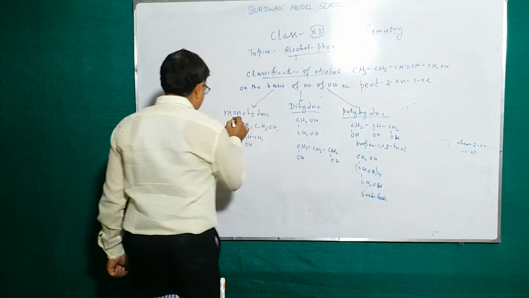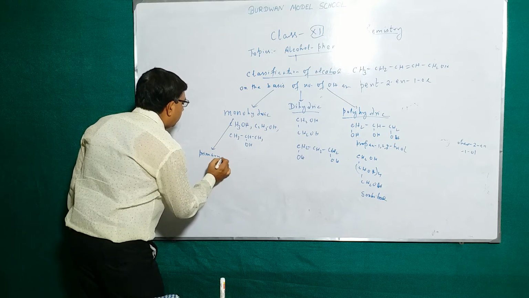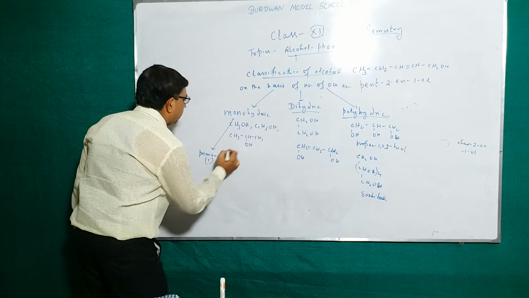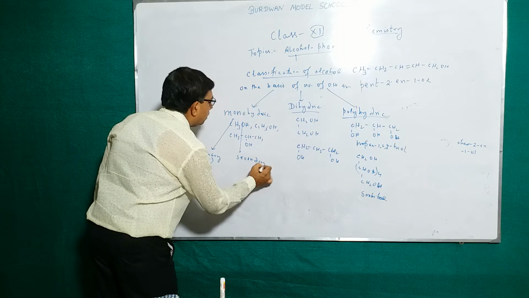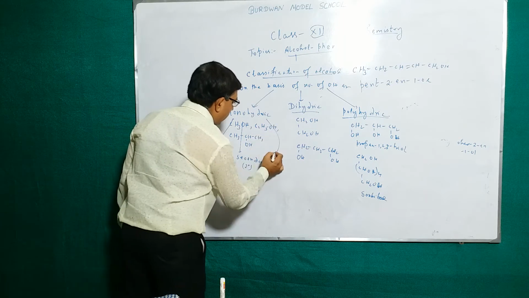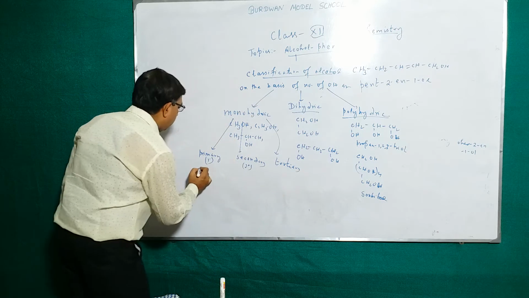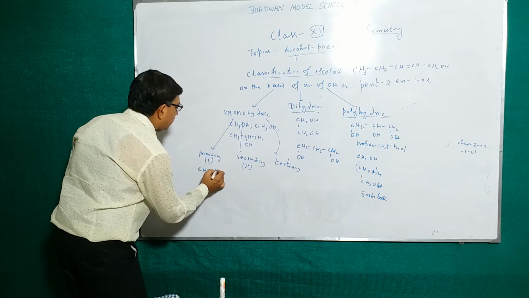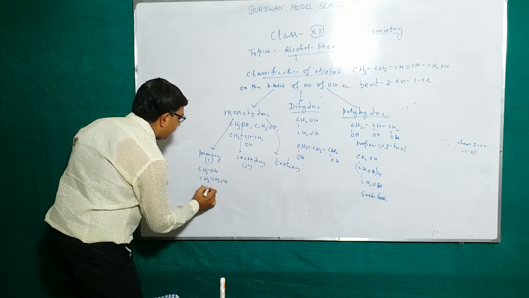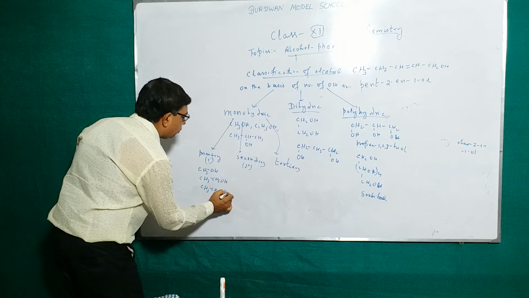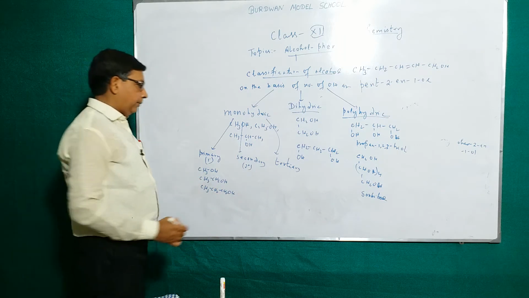Primary is called 1 degree, secondary 2 degree, and tertiary 3 degree. Primary alcohol examples: CH3OH, CH3CH2OH, CH3CH2CH2OH. The OH group is attached to a primary carbon in all cases.